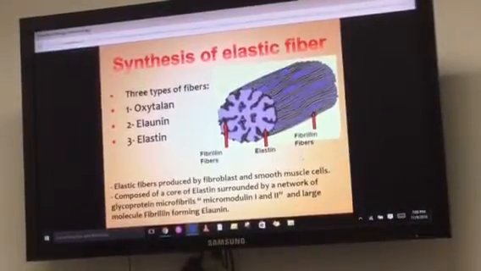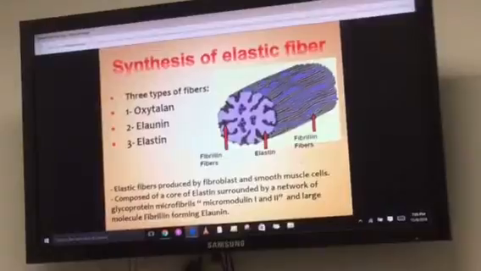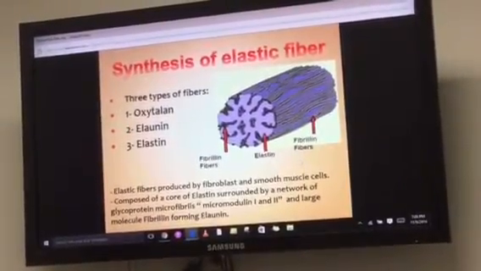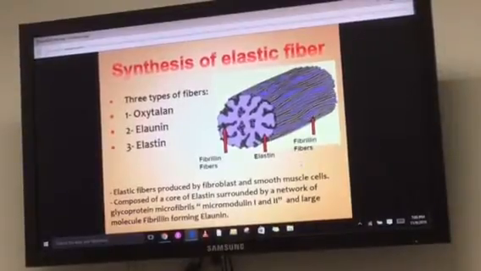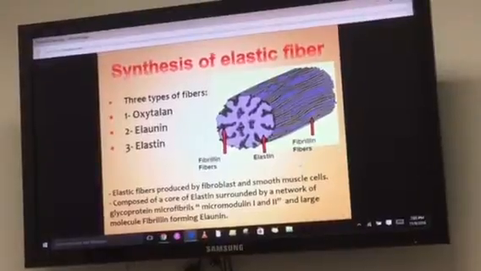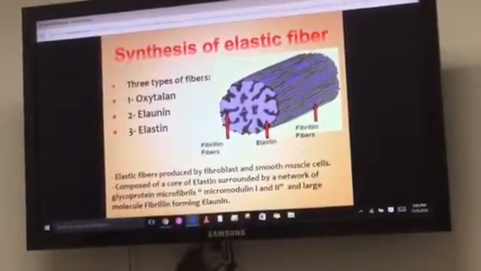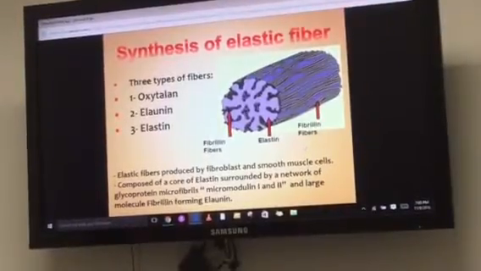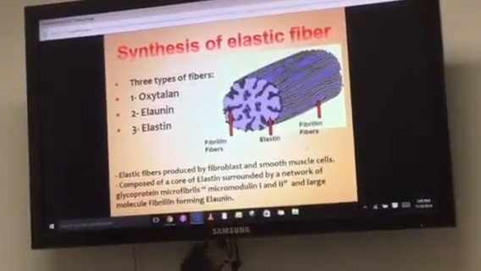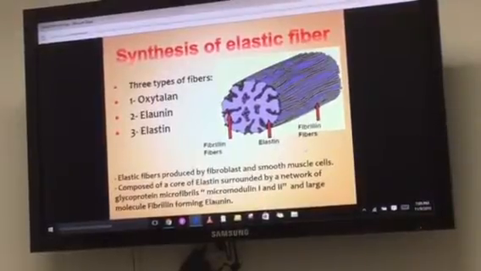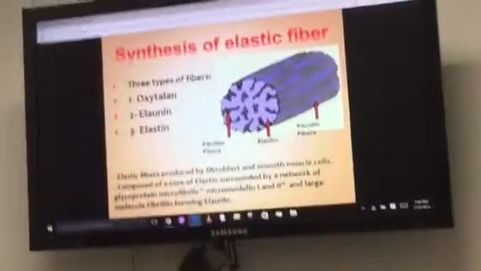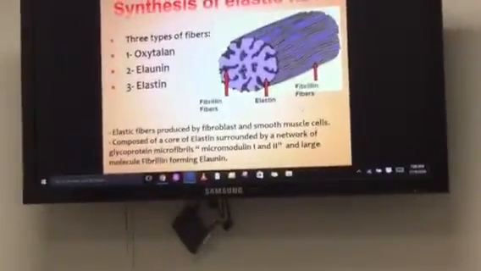Elastic fiber is produced by fibroblasts and smooth muscle cells, composed of elastin surrounded by a network of glycoprotein microfibrils, which are microfibrillar proteins 1 and 2, and the large molecule fibrillin.